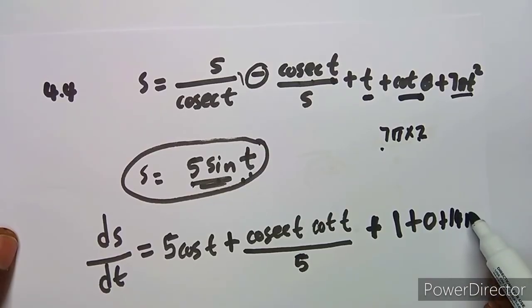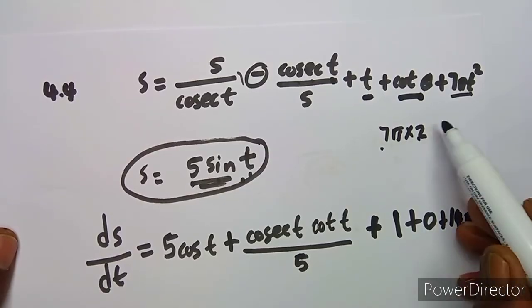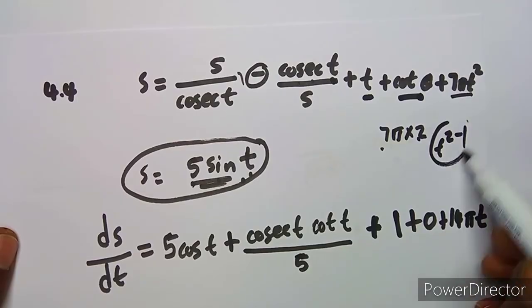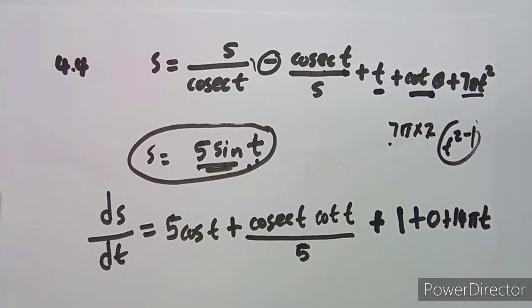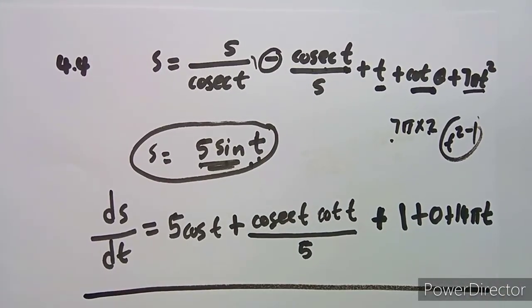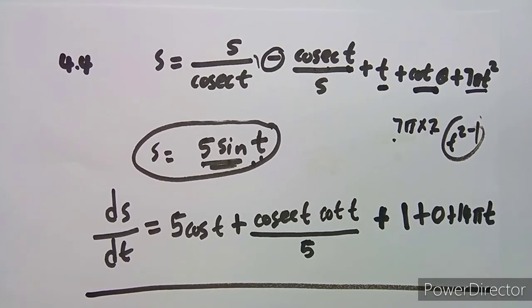Then you subtract 1, so it's going to be 14 pi t, like that. So that's what we needed, guys, to find the derivative of each. You are finding the derivative of each and every part. You find this part, you find this part, you find this part separately. That's the derivative for you. Okay, just like that.